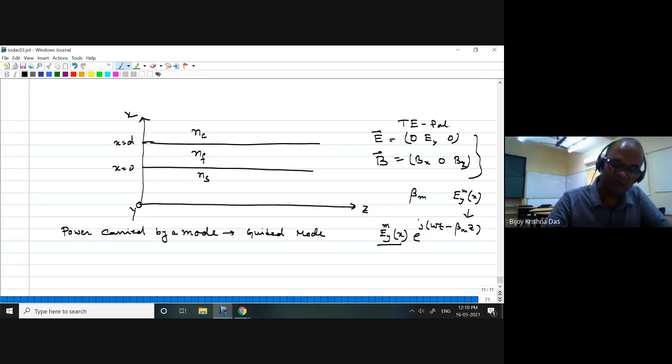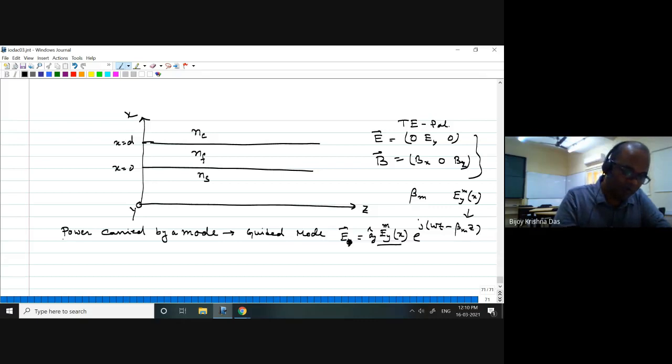This gives you the Ey field. All the modes, m equal to 0, 1, 2, will have only an Ey component, and only Bx and Bz components. That means the magnetic field is in the xz plane. Up to this point it is clear, right?